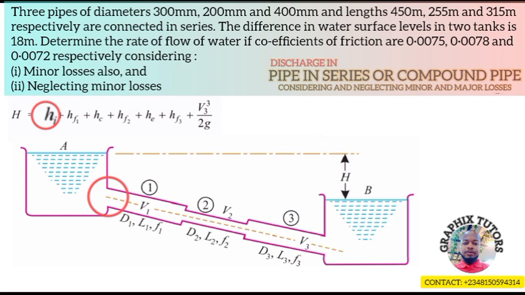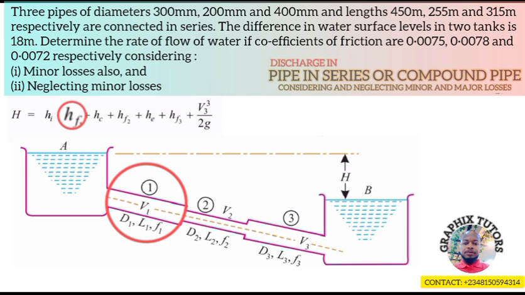Similarly, once you get into pipe 1, there will now be friction. So there will now be head loss due to what? Friction in pipe 1.